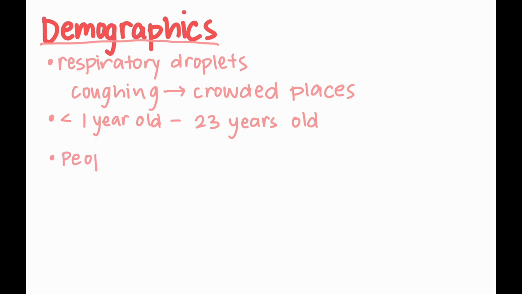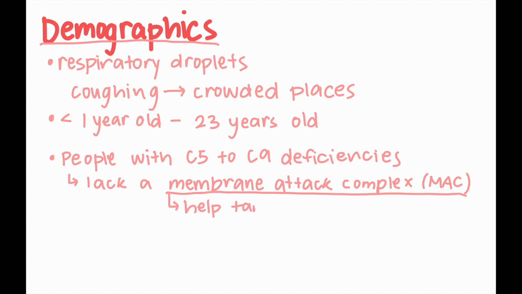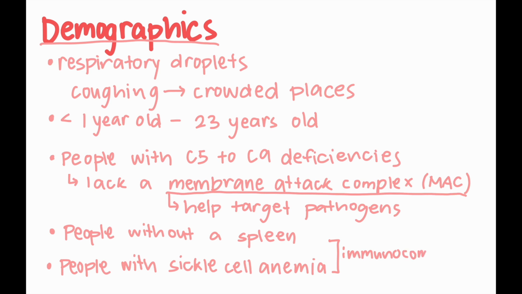Those who are more at risk of getting meningitis include people with C5 to C9 deficiencies because they lack a membrane attack complex, also known as MAC, which is supposed to help target pathogens. Second are people who have undergone a splenectomy, or people without a spleen. And third are people with comorbidities such as sickle cell anemia because they are immunocompromised.